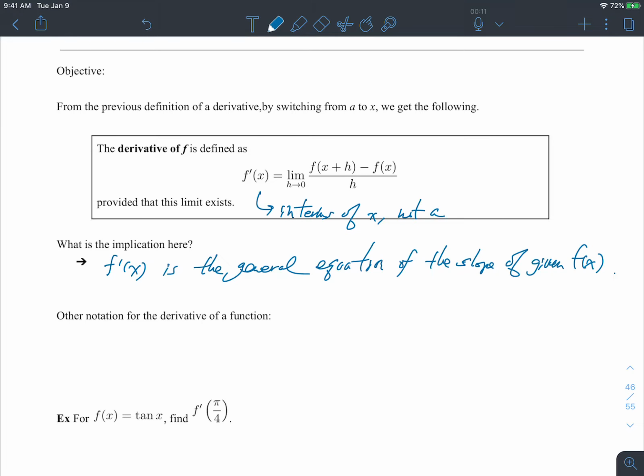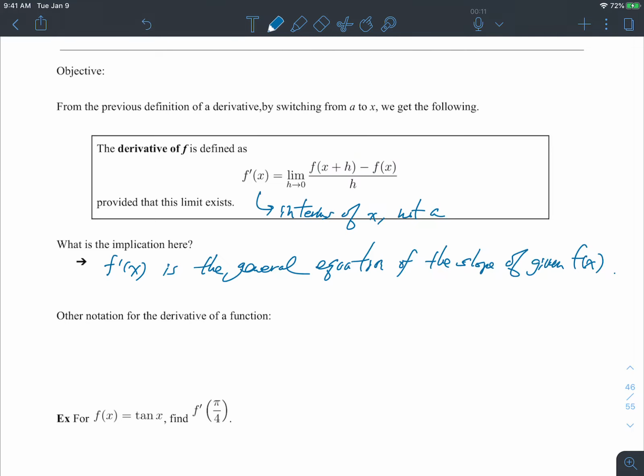Okay, so if you apply this, whatever the result, that is the equation of the slope for this function. Now, if you sort of think about it, we will talk about that in a second, but let's look at this over here, guys.